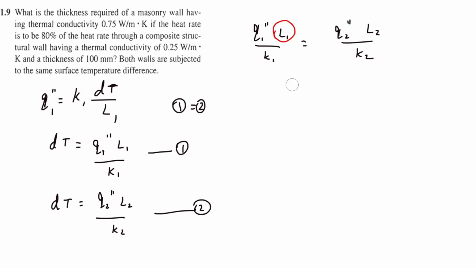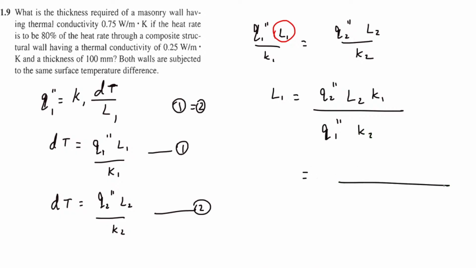Okay, so the equation is going to be basically L1 on top, so q2 double prime L2 and k1 multiplied, and in the denominator we're going to have q1 double prime and then k2. k1 is 0.75 watts per meter Kelvin, k being the thermal conductivity.